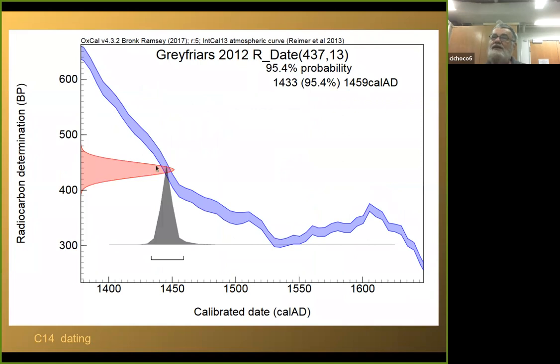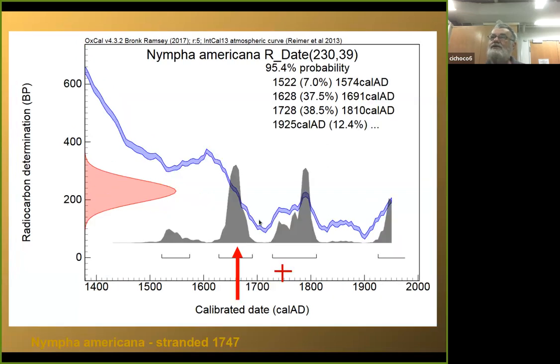It depends on a very steep part of the calibration curve, because then if you project the uncertainty area to the curve, you get a very short absolute dating time span. On the contrary, in modern times, you have a very flat, a so-called plateau. And in this plateau, you have several possibilities.